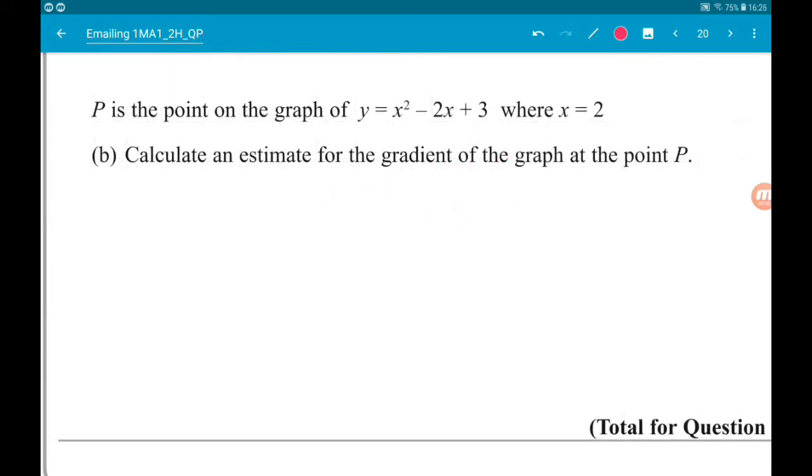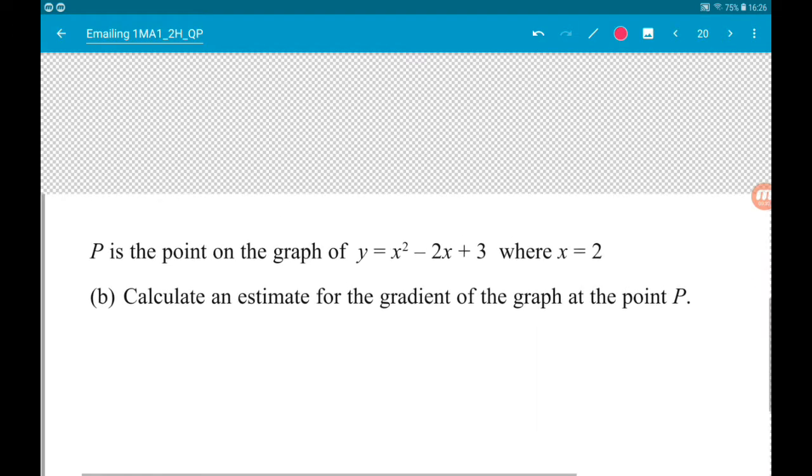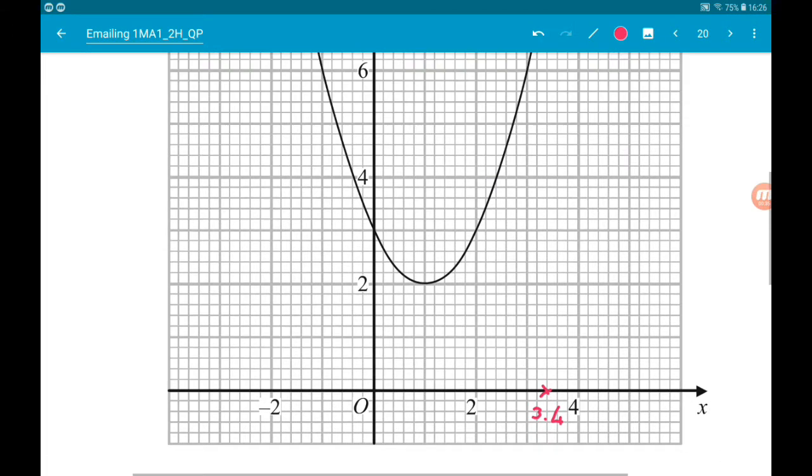Okay then, for part B, we're told P is the point on the graph of y equals x squared minus 2x add 3, where x is equal to 2. We want to calculate an estimate for the gradient of the graph at point P. Okay, so to estimate gradients of graphs, we use tangents. Now a tangent is a straight line that touches the curve at one point only.